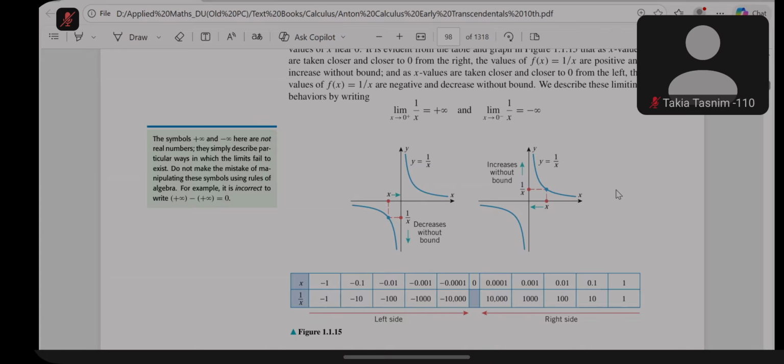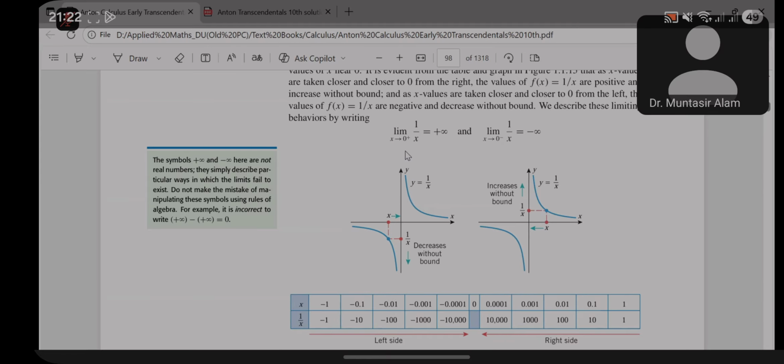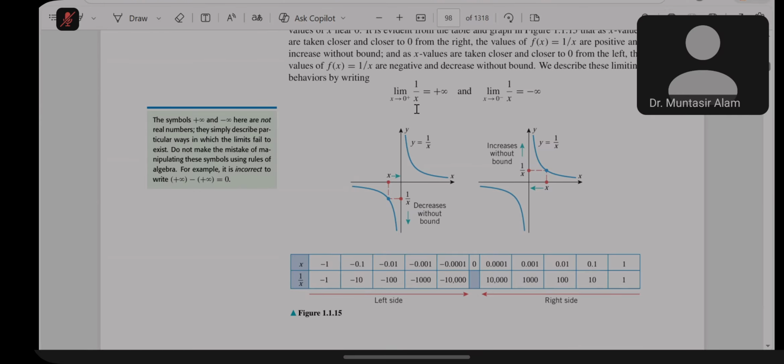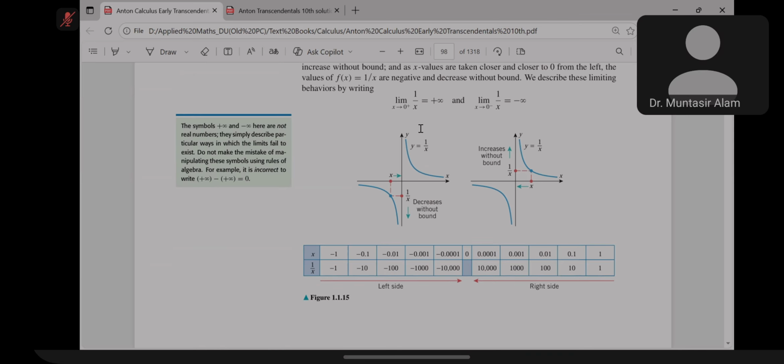At the same time, if we approach towards 0 from the right hand side, the function value is approaching towards plus infinity. Therefore, we say the limiting value is plus infinity. Now, the bottom line of this concept is if we observe limiting value as either plus infinity or minus infinity, we can say limit does not exist at that particular point.